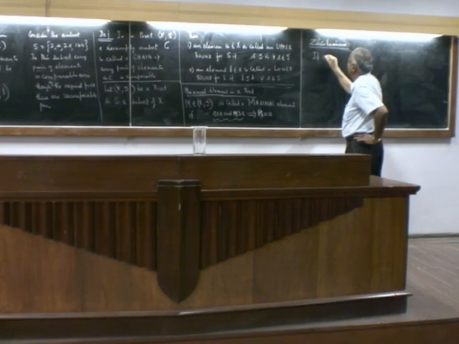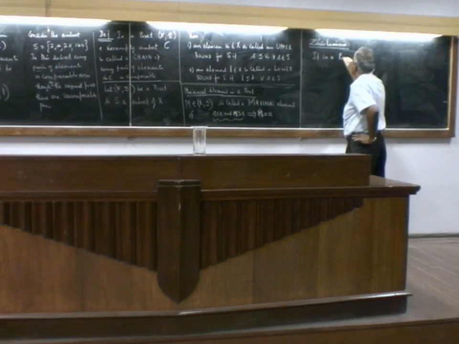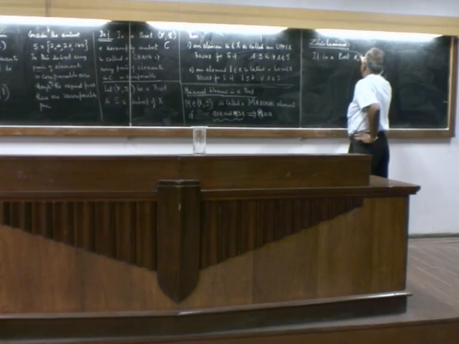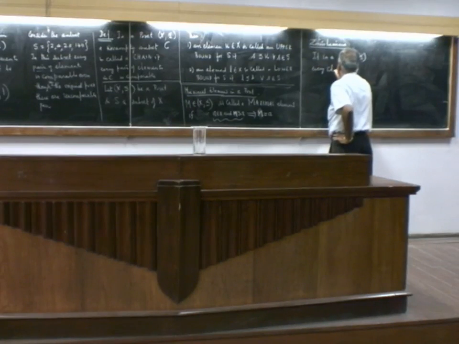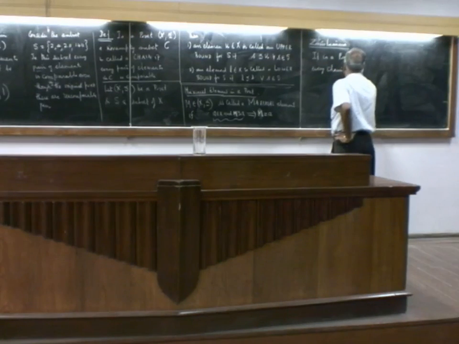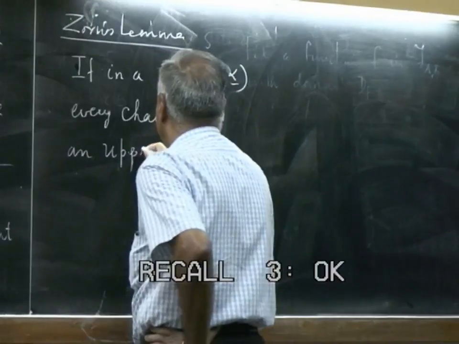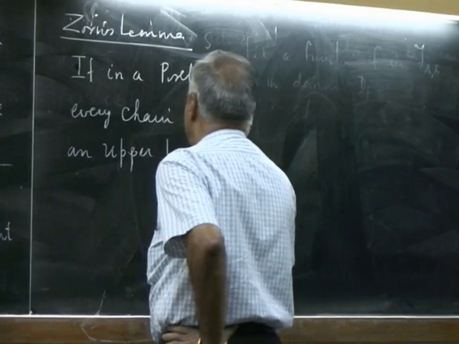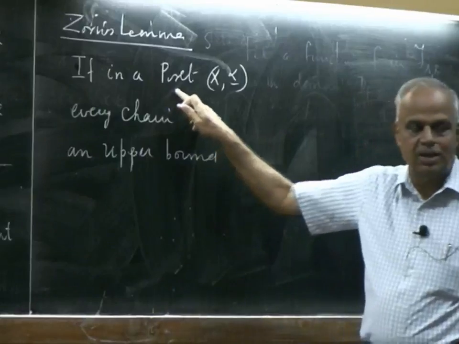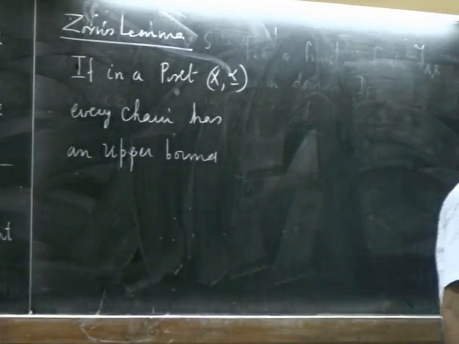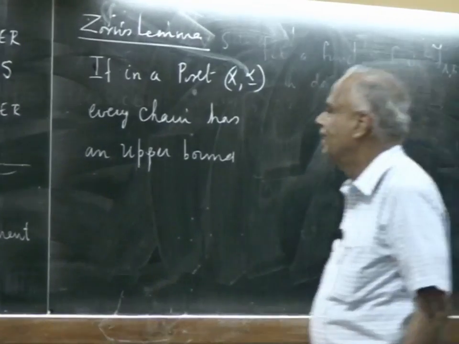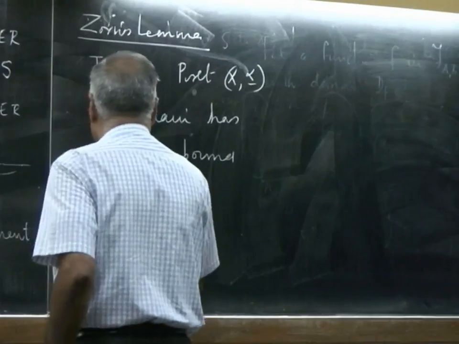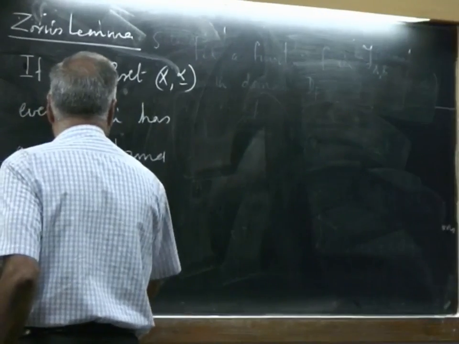If in a partially ordered set, every chain has an upper bound. So, I am linking all the terminologies we have introduced. We introduced the notion of a partially ordered set, we introduced the notion of a chain, we have now introduced the notion of an upper bound. Now, then the poset has a maximal element.